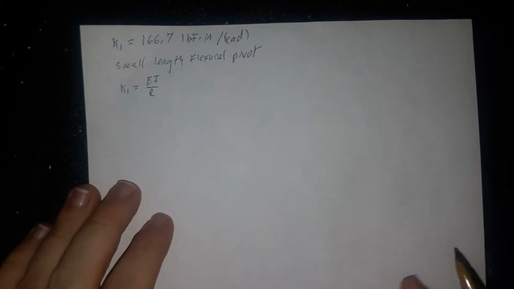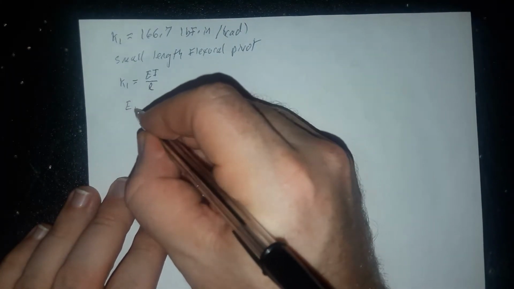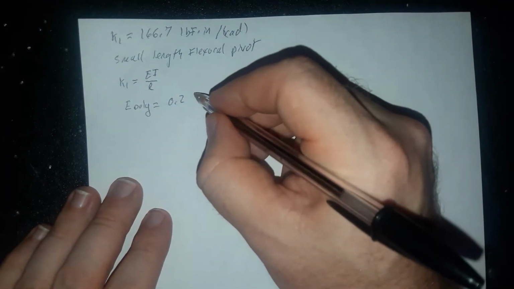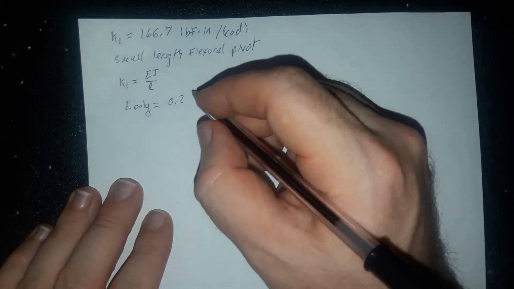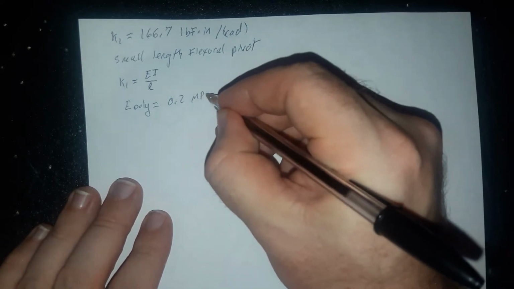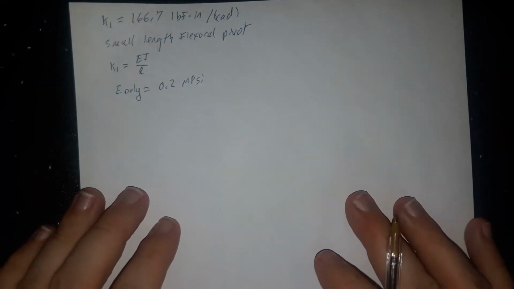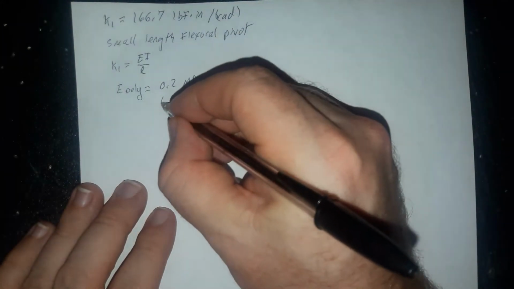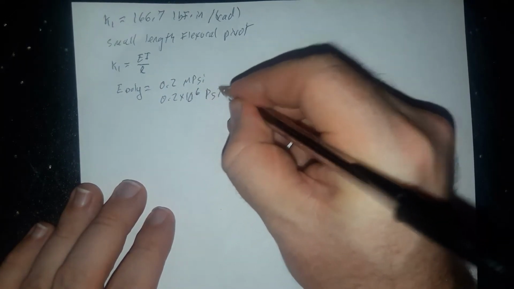Why don't we start off with assuming that it's polypropylene, and we say E poly is equal to 0.2 MPSI, which is the units on the Young's modulus for polypropylene. Okay, and so that's 0.2 times 10 to the 6 PSI.